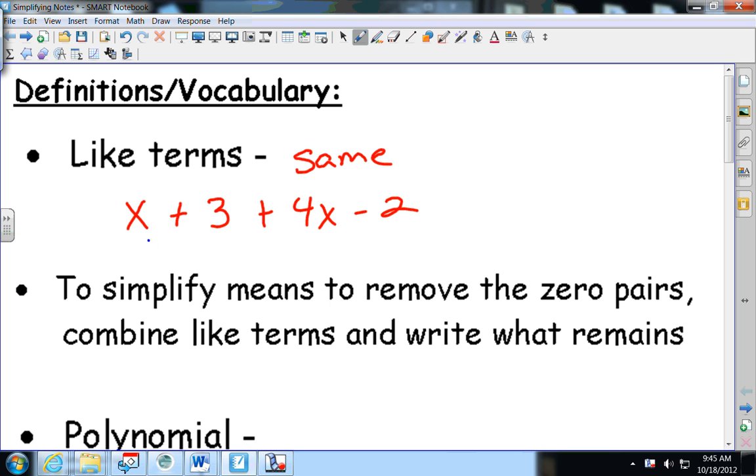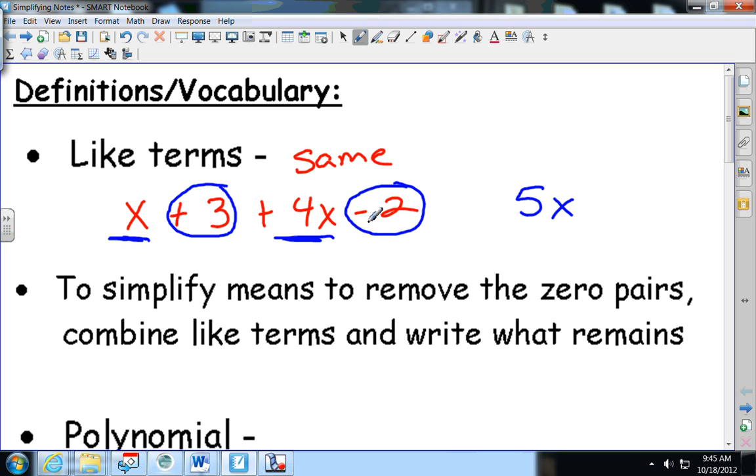So like terms are the ones that go together. The x's are alike, so I have 1x plus 4x, which is 5x. Another set of like terms are 3 minus 2, and you would put those together. 3 minus 2 is 1. Combining like terms is something we've already been doing with solving equations.